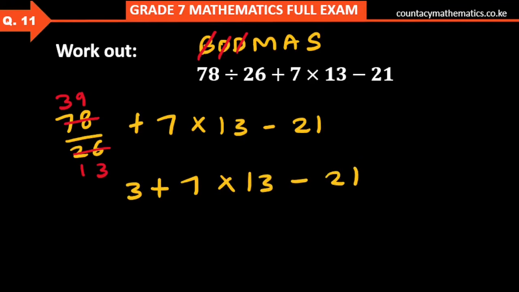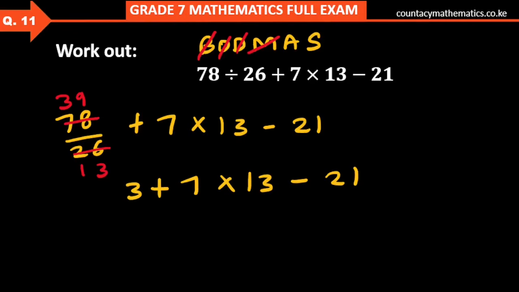So let's go ahead and see what we're really supposed to do. The second part here is multiplication. We are done with division, right? Yeah, we are done with division. So we go to multiplication. We are supposed to take 7 times 13.